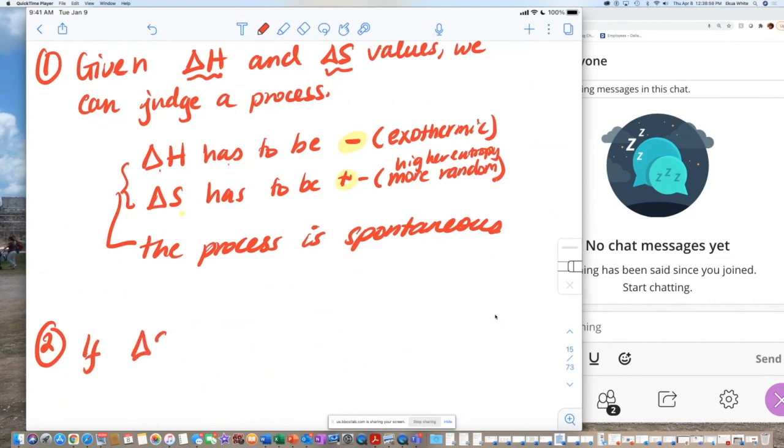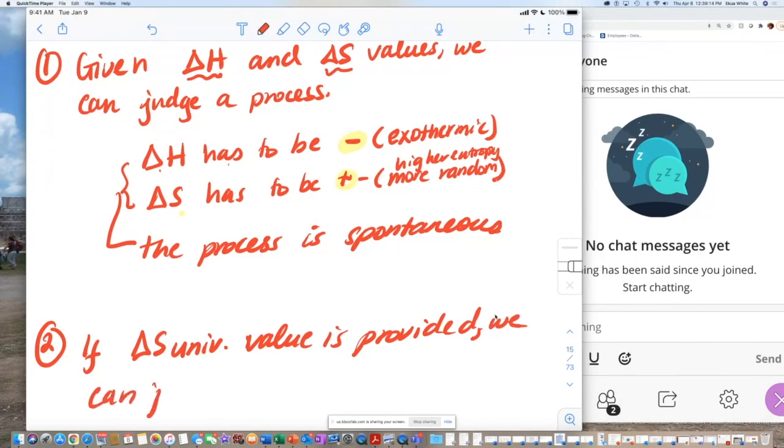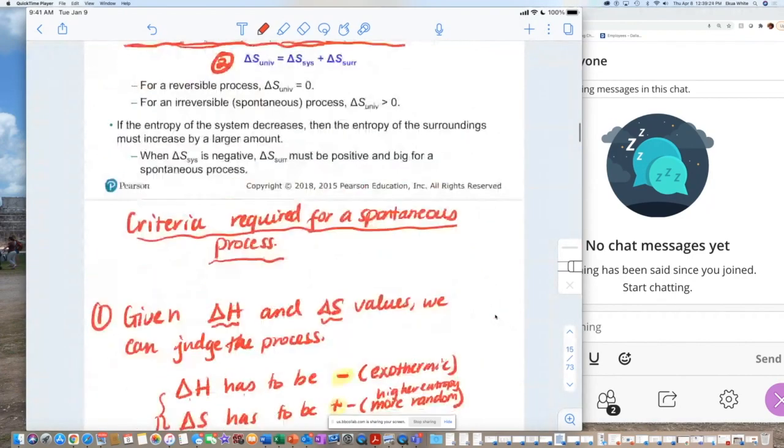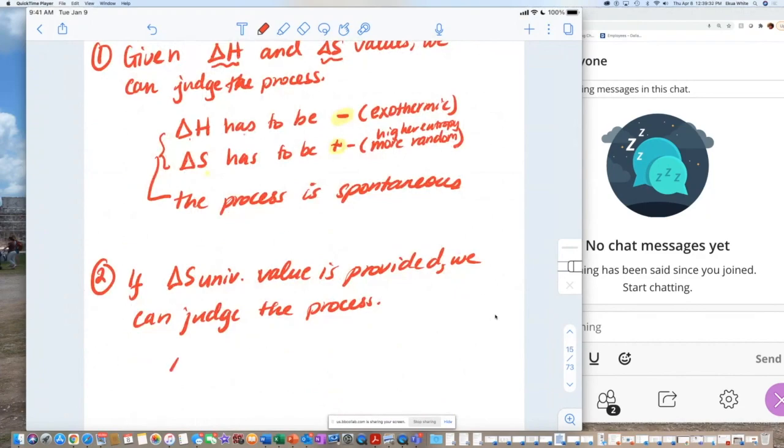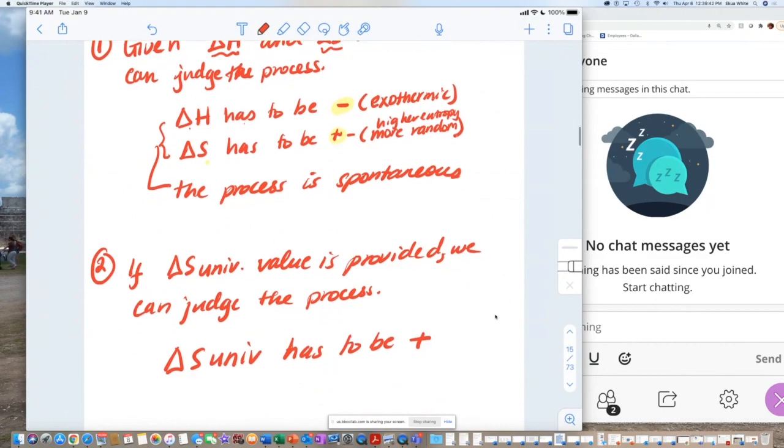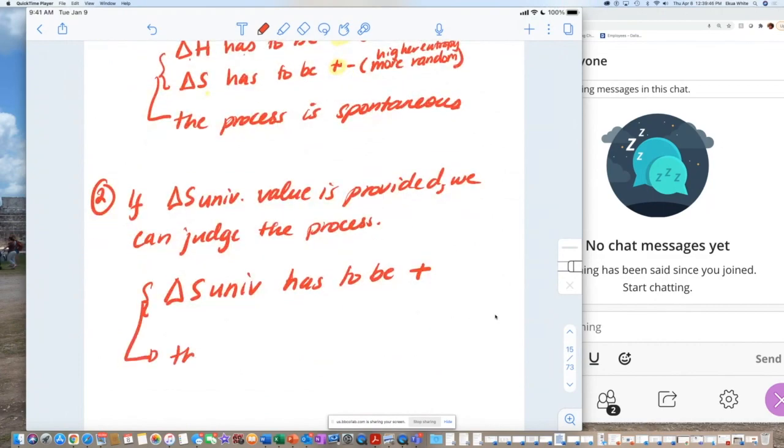So if delta S universe is provided, we can judge the process. According to this law, delta S of the universe has to be positive, and if it's positive, then the process is spontaneous.